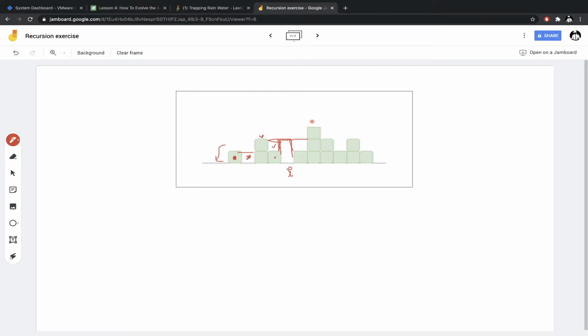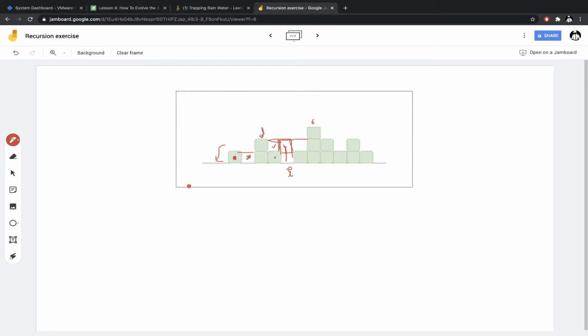So this is the left maximum, and the minimum of them is L. So L minus height of i. If L is 2 and the height is 1, then 1 unit of water can be stored here. If the height is 0, then 2 units of water can be stored here. Similarly we'll do for others.